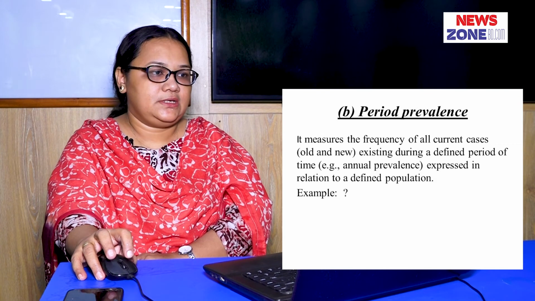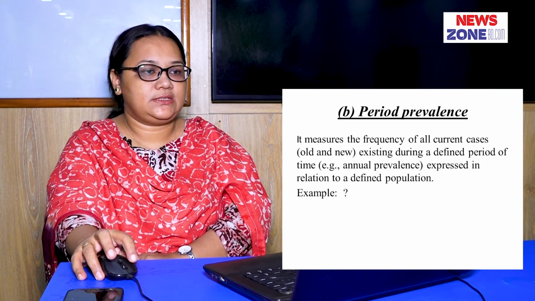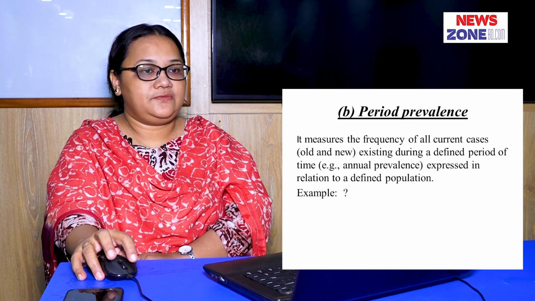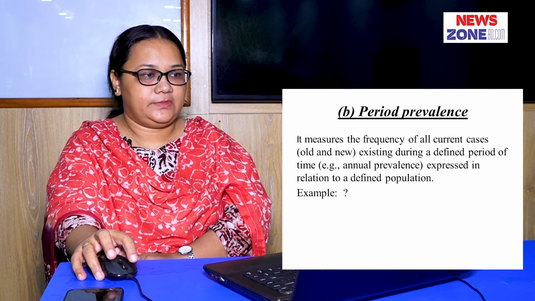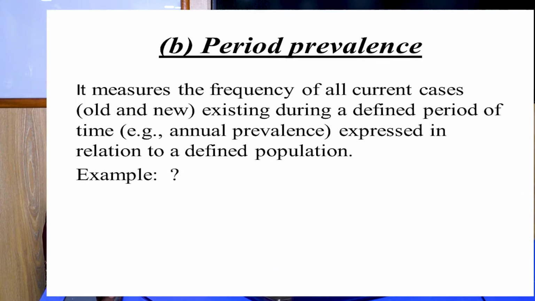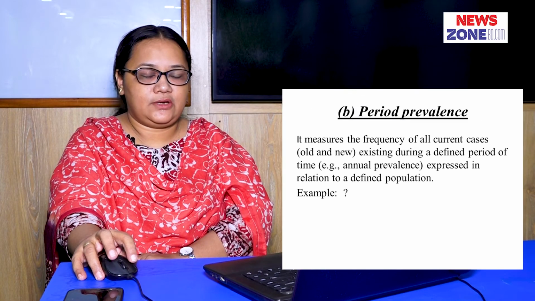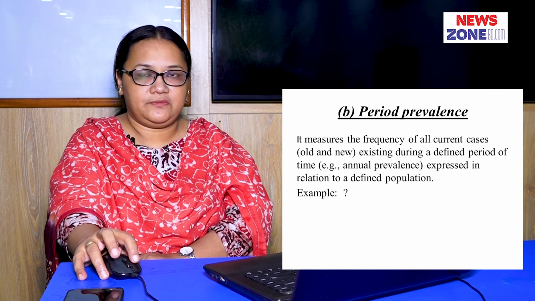Period prevalence. It measures the frequency of all current cases, old and new, existing during a defined period of time, such as annual prevalence, expressed in relation to a defined population. Like COVID-19 patients in 2020 from January to December, if we count it, then it is called period prevalence.